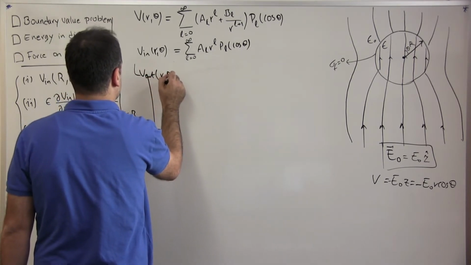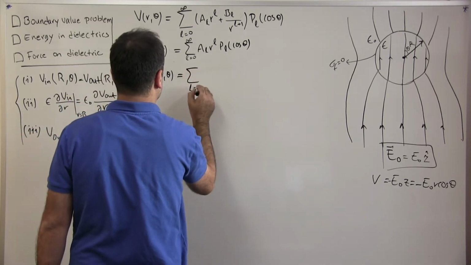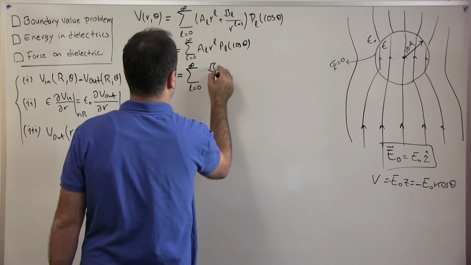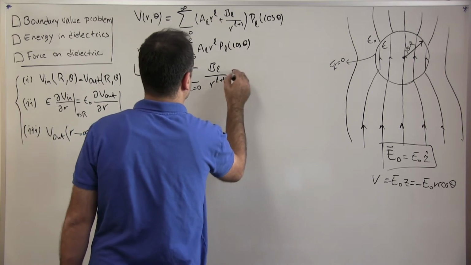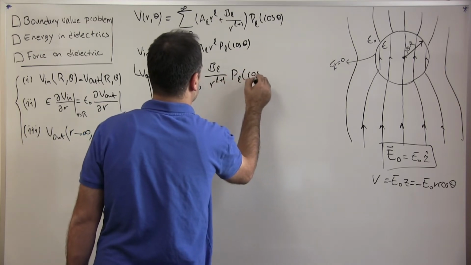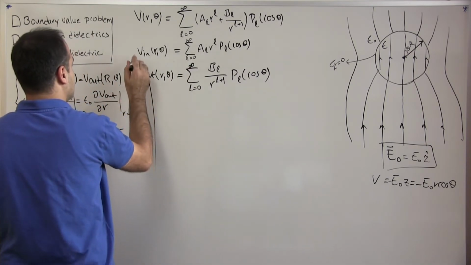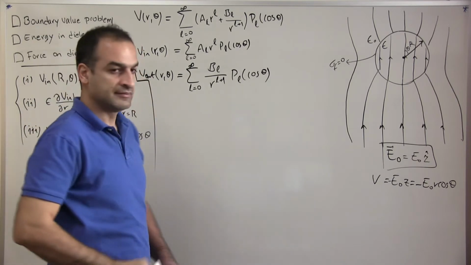V out of R and theta is sigma L from 0 to infinity, and we only have the second term, R to the L plus 1 times PL cosine theta. Okay, so this is what we have for V in and V out.